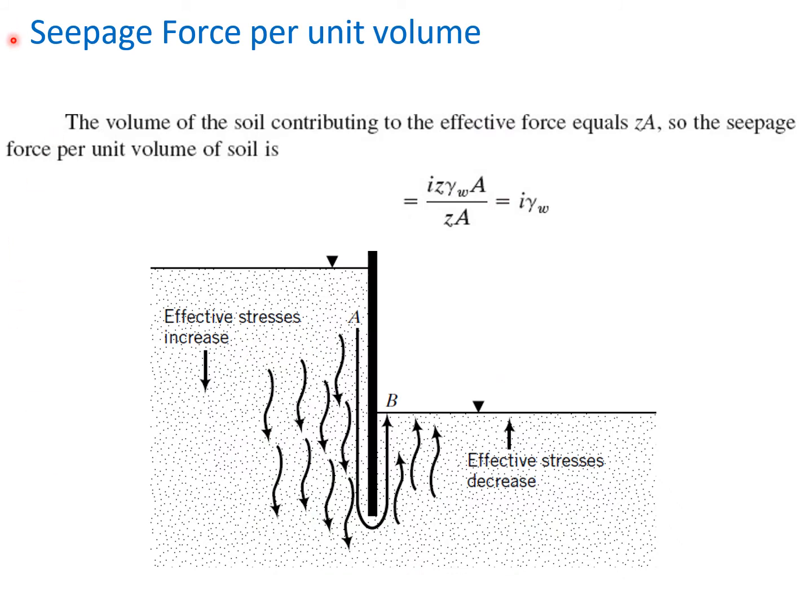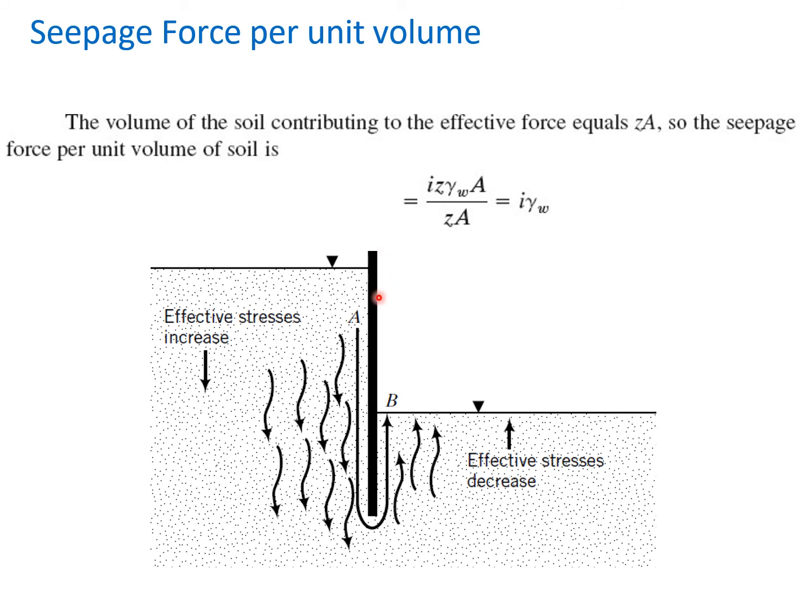Seepage force per unit volume: the volume of the soil contributing to the effective force equals Z multiplied by A. So the seepage force per unit volume of soil is i Z gamma W A divided by Z A, so it is i times gamma W. So this is the seepage force per unit volume.